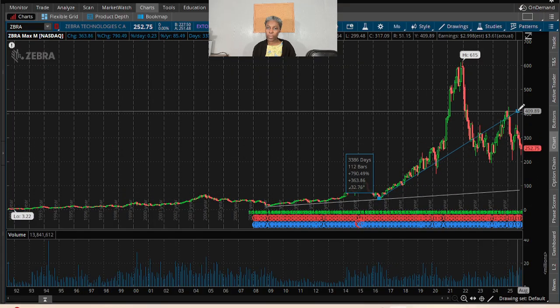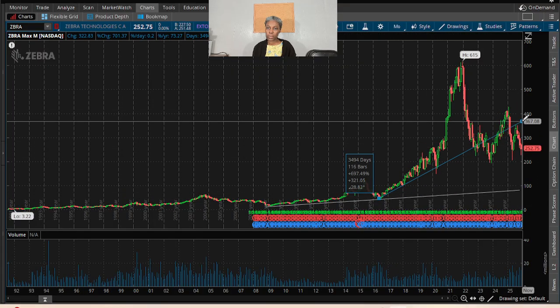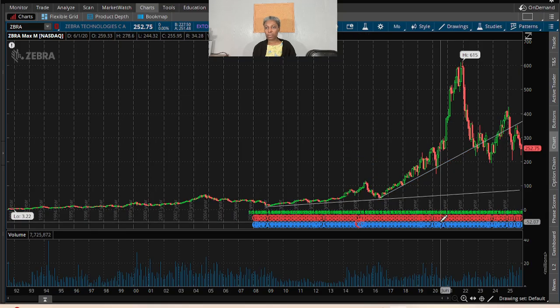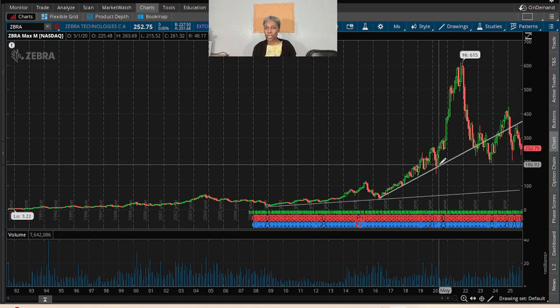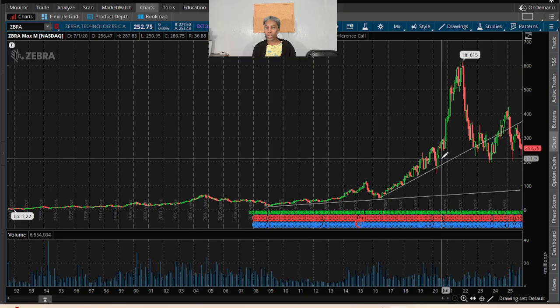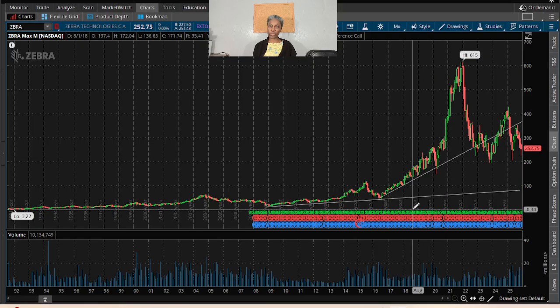This will go higher up. So it's not respecting this line. It went below it, and this will be more like horizontal, and we do not do horizontal lines.